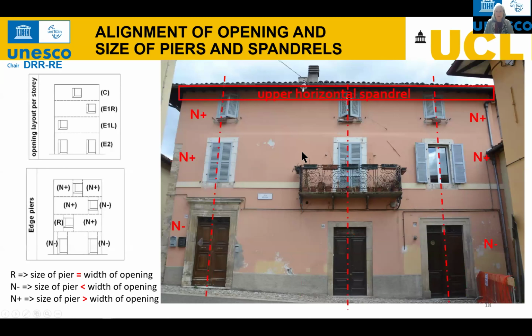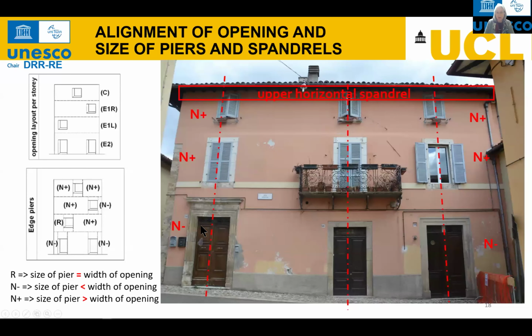Once this information is obtained, we then are interested in understanding the alignment of the windows. In this case, the openings are quite regularly aligned, even though, as you can see, they have different size. And how that alignment is categorized with different codes, which will be further explained later, can be assigned story by story.